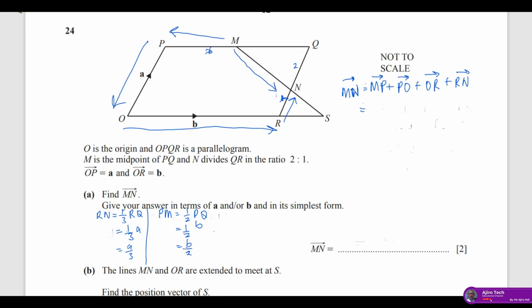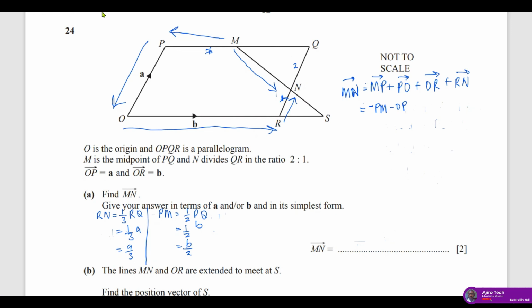PM is B over 2, so MP should be negative B over 2. PO is negative of B. OR is still OR plus OR.